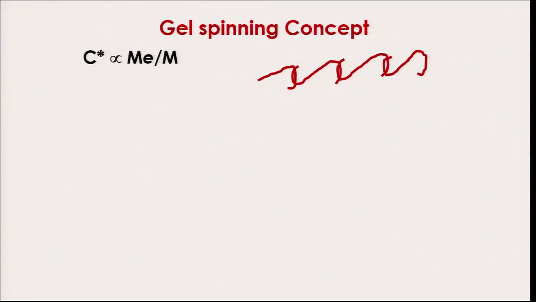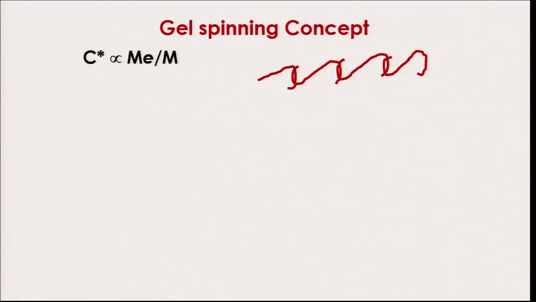How do we look at it theoretically? Theoretically, we define what is known as critical concentration, C star. Critical concentration means it is a concentration at which theoretically the polymer chains just begin to overlap.